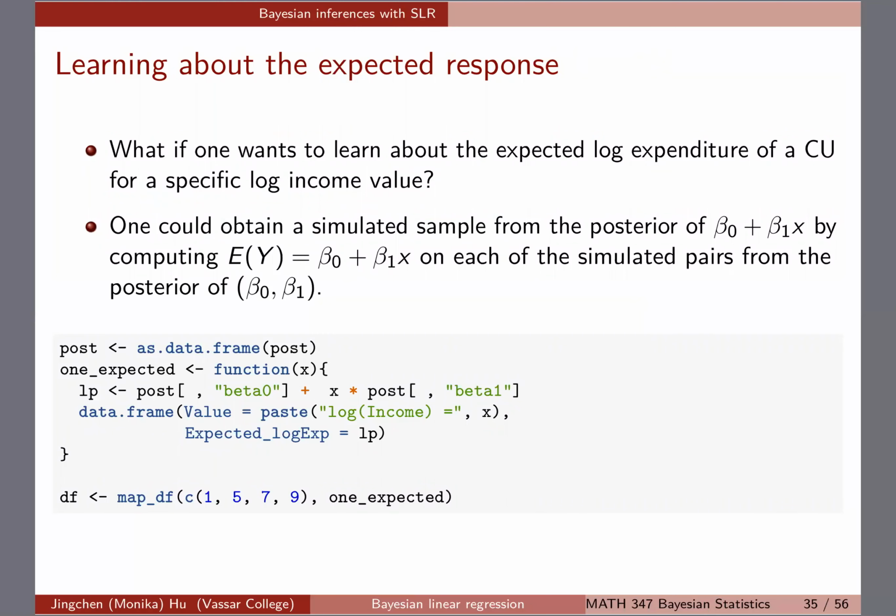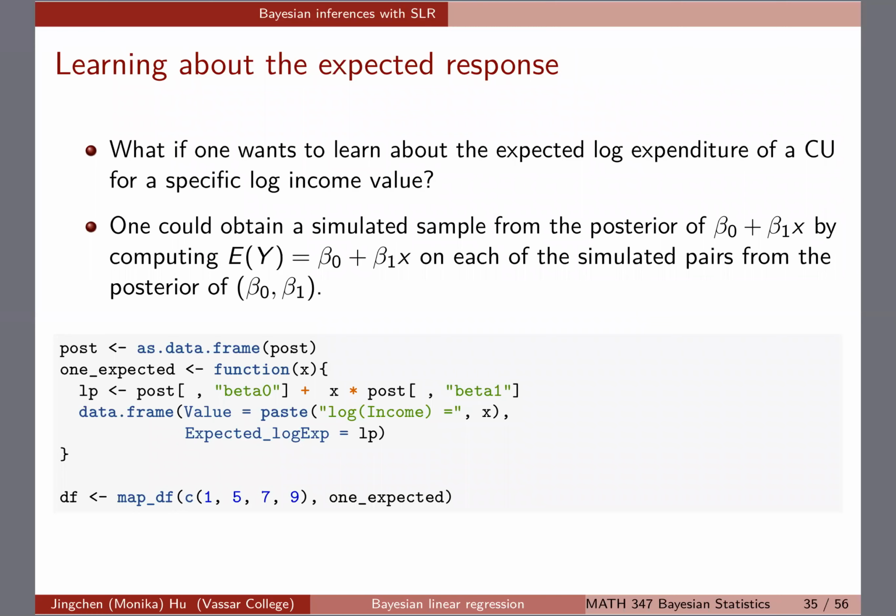So if you want to focus on a particular CU with a given xi, then you can actually simulate 5,000 different means for that observation based on what you have. You might not want to use all of them, but you can do it. What we want to show you here is the function I wrote for you, where I use all of those 5,000 draws but look at different values of x.